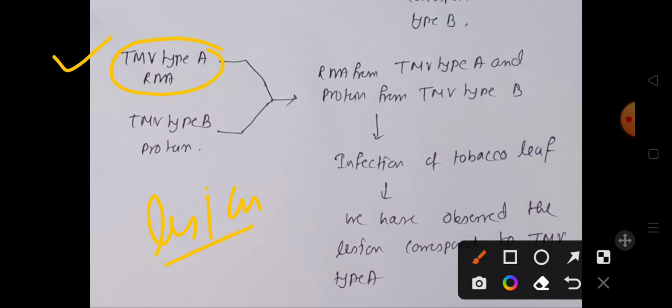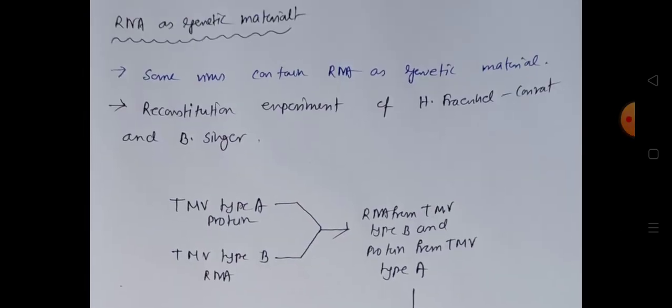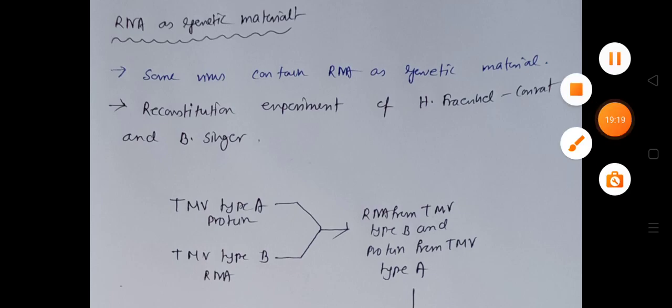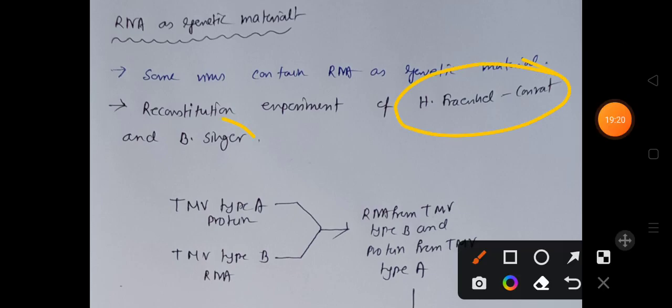So that simply suggests that RNA is the genetic material, because the type of RNA present in the hybrid virus determines the lesion that occurs. So that is the idea of the reconstitution experiment by H. Fraenkel-Conrat and B. Singer, and that simply proved that RNA can also act as a genetic material.